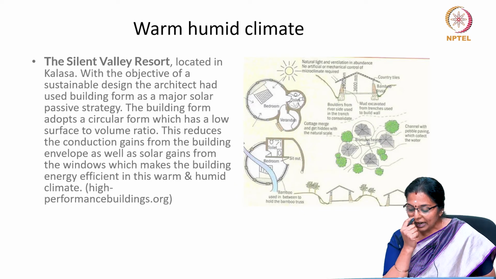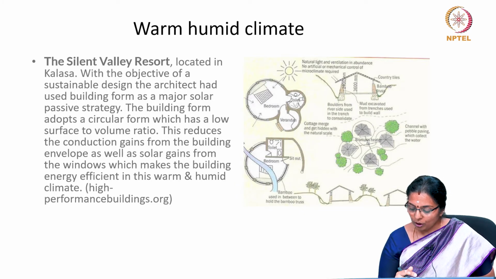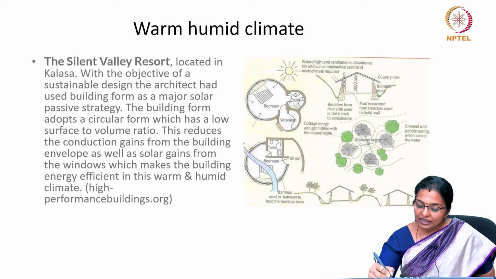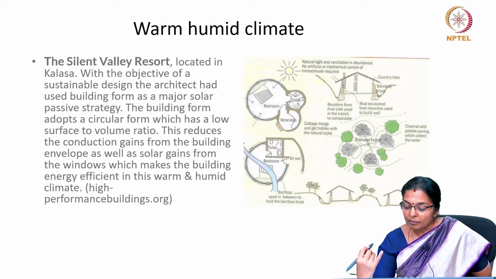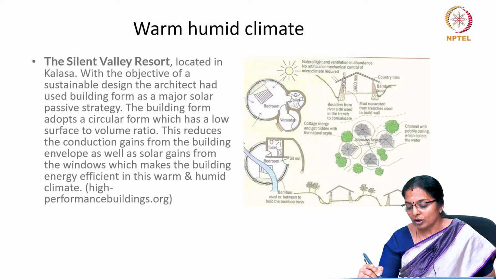So, if you look at this building, which is a sort of a resort, you can see that the rooms are all circular, and along the areas where there is maximum solar heat gain, there is no such one wall where there is direct solar radiation.